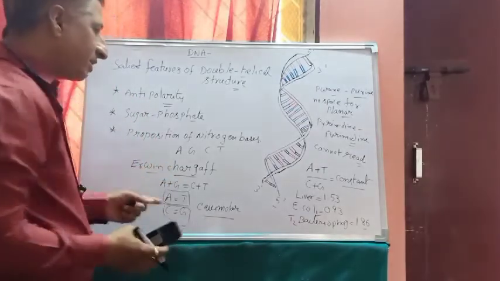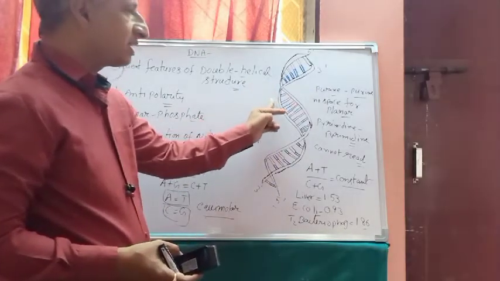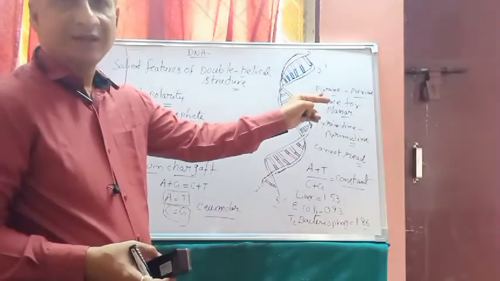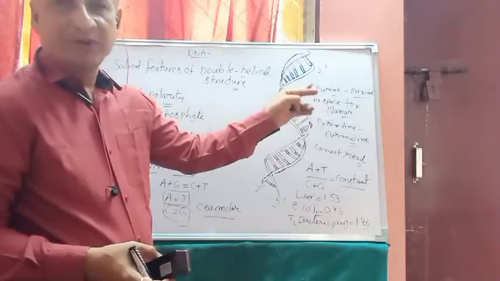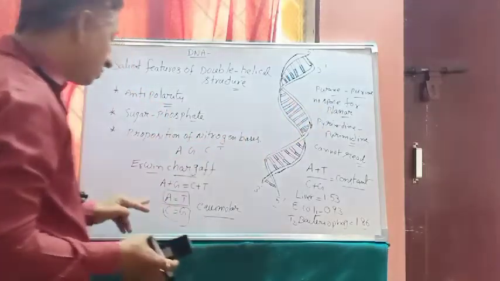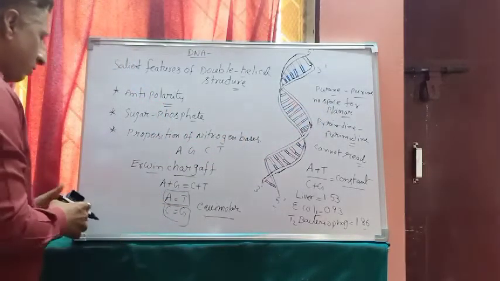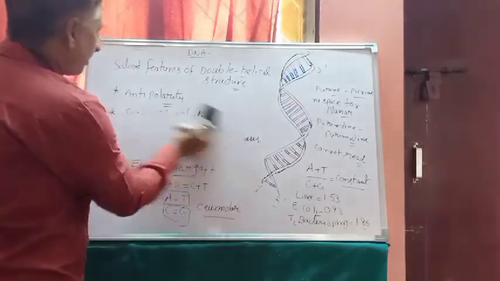Next, from it we can guess very easily. Suppose on one side adenine is there, immediately the opposite side is thymine. If it is guanine, then the opposite side we can predict very easily, that is cytosine. So they are also equimolar. Suppose we have one problem here, some numericals depend on it.